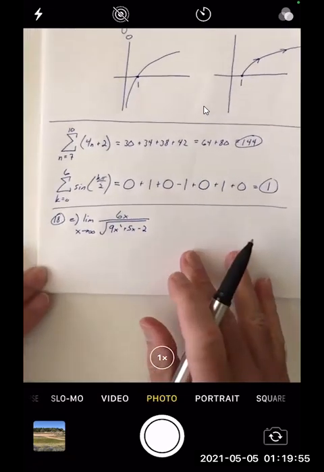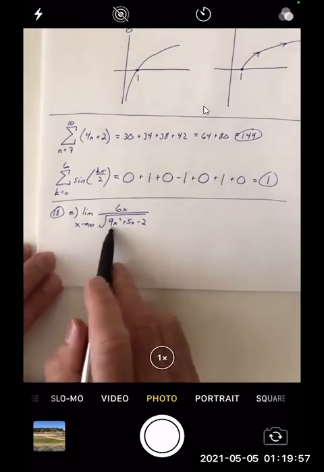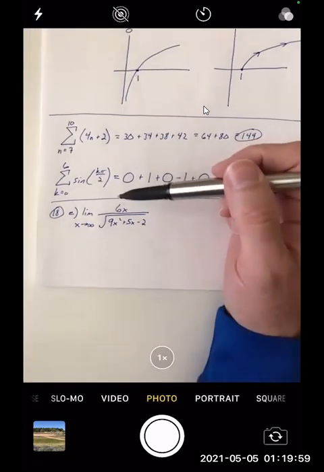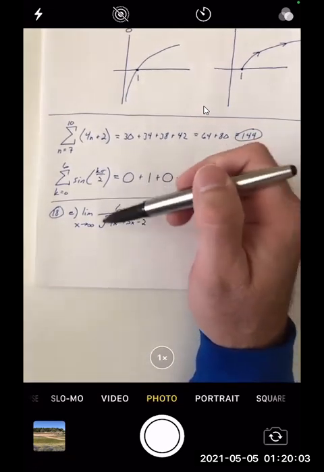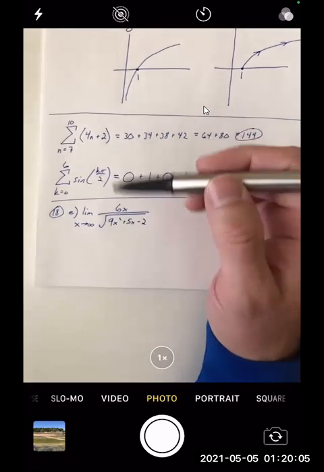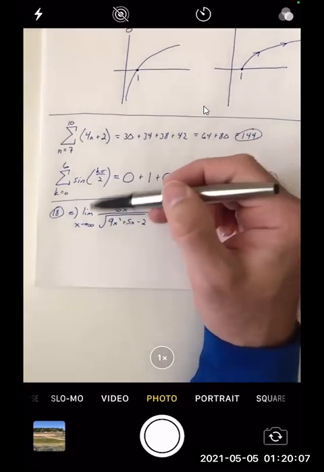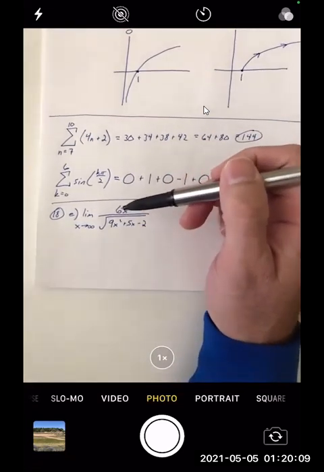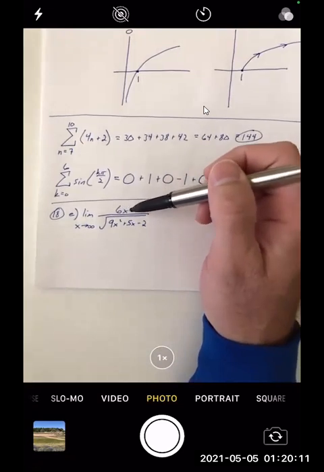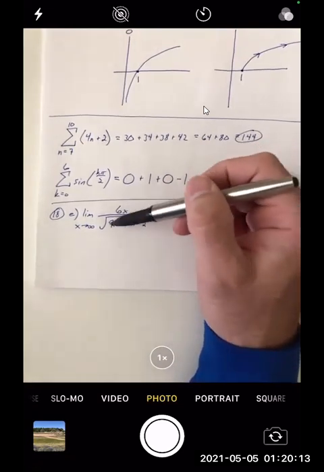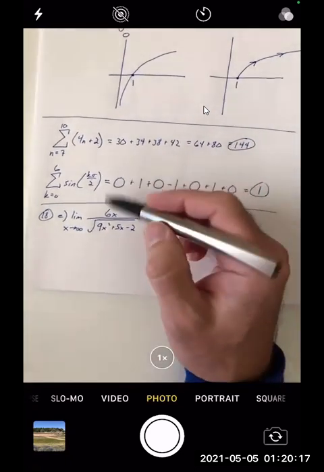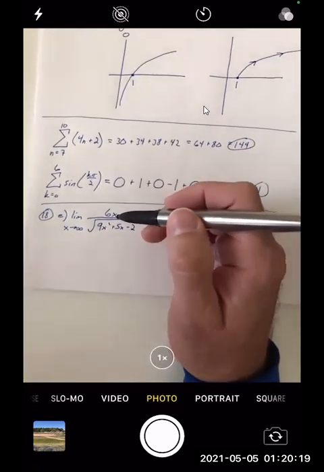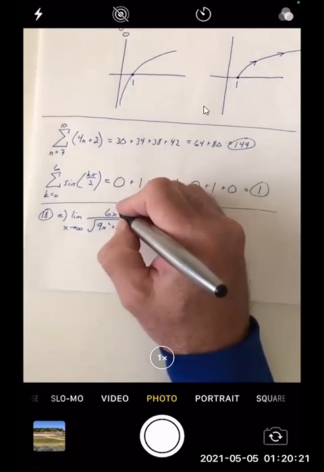With limits as x goes off to infinity, you can use those guidelines that were discussed in the notes in the videos. The guidelines say you pretty much just have to pay attention to the degree of the numerator, or the top, and the degree of the denominator. So the degree of the numerator would just be a 1.